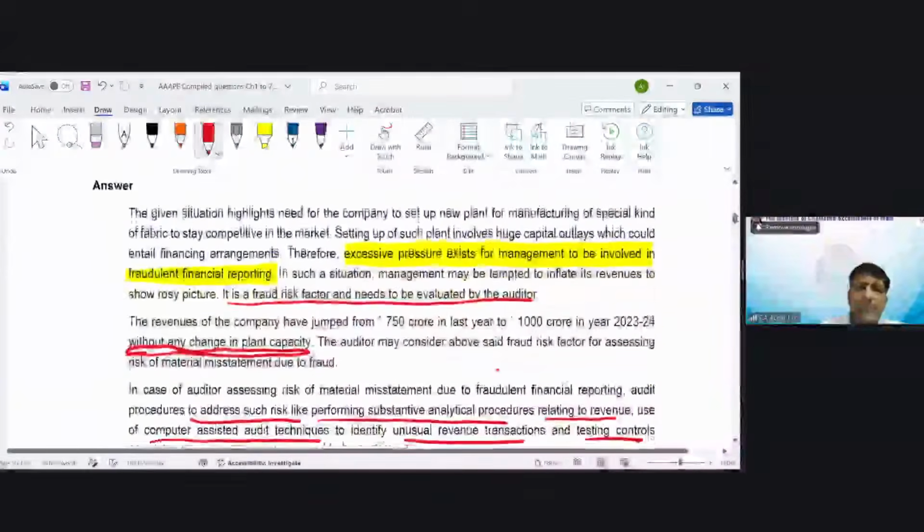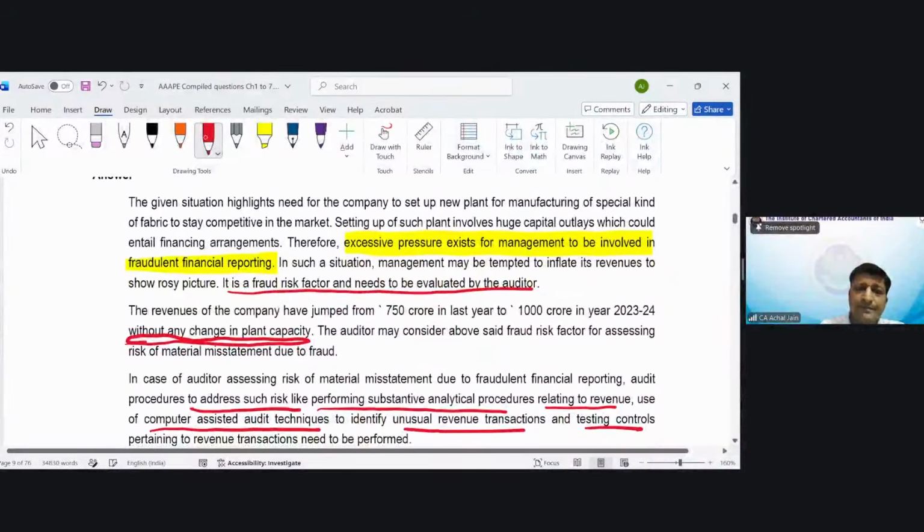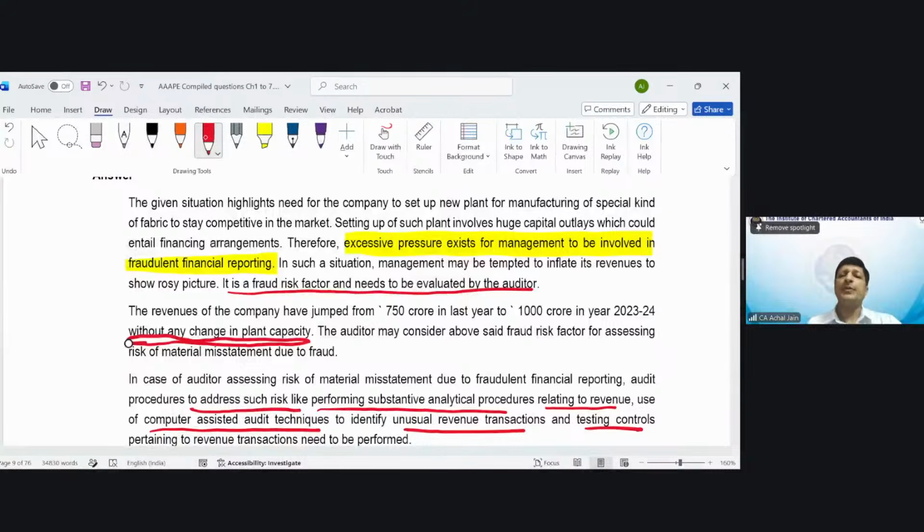Yeah, so let's look at this. The given situation highlights need for the company to set up new plant for manufacturing of special kind of fabric to stay competitive in the market. Setting up of such plant involves huge capital outlays which could entail financing arrangements. Therefore, excessive pressure exists for the management to be involved in fraudulent financial reporting.